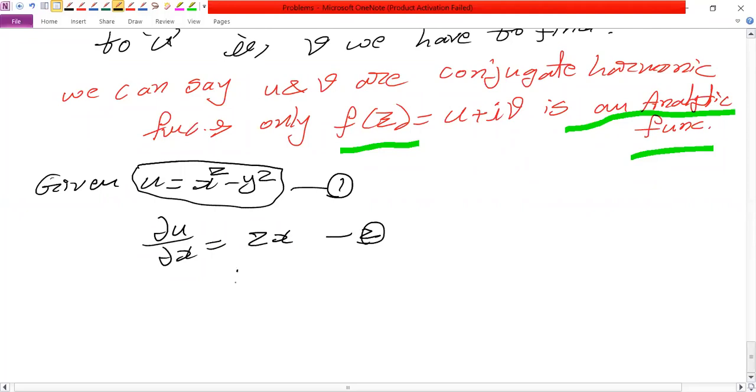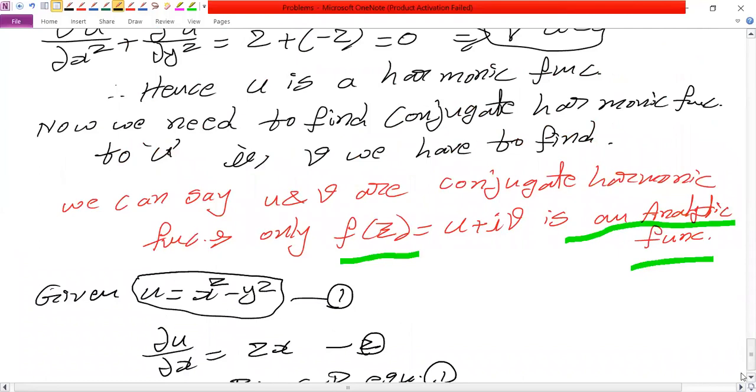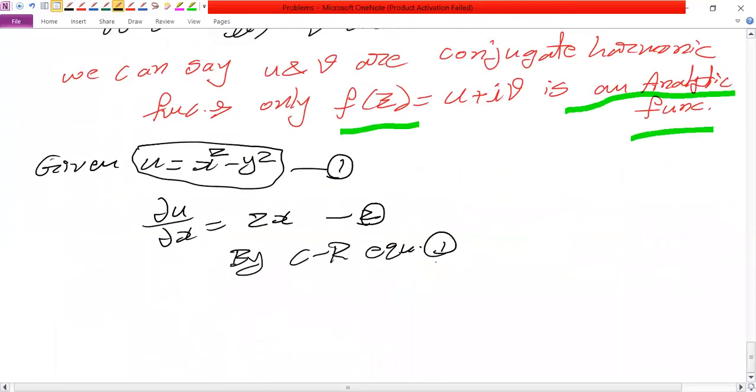But by Cauchy-Riemann equations, Cauchy-Riemann equation number 1, what can we say? Why should we use Cauchy-Riemann equation number 1? Because f of z is analytic. If f of z is analytic, then the Cauchy-Riemann equations will be satisfied.